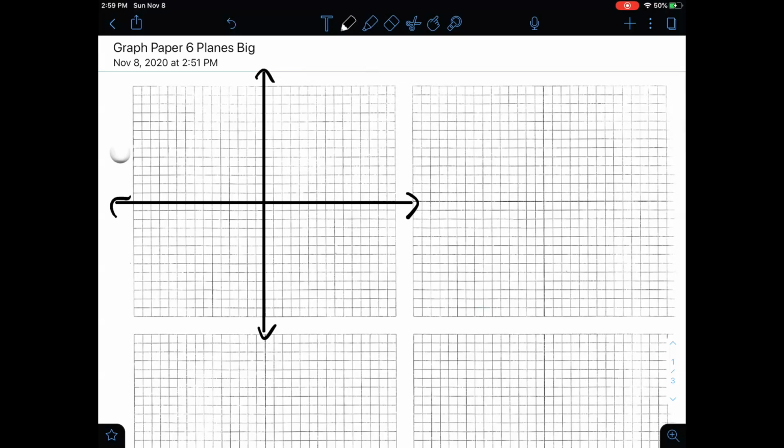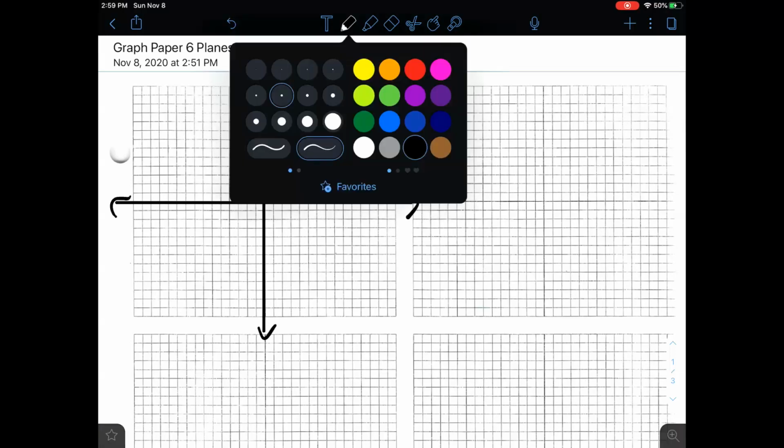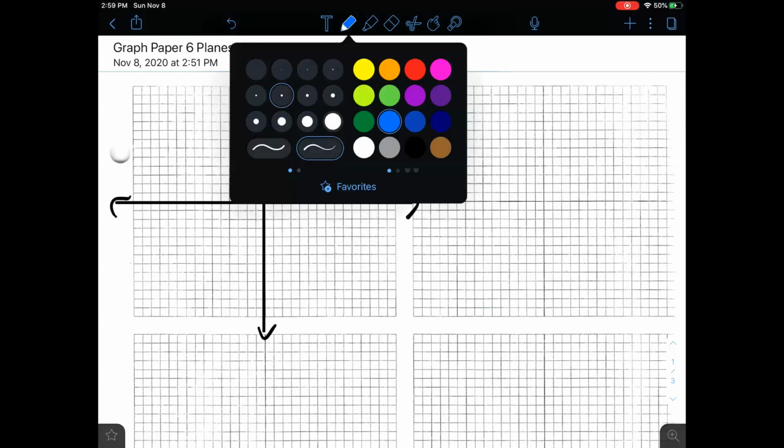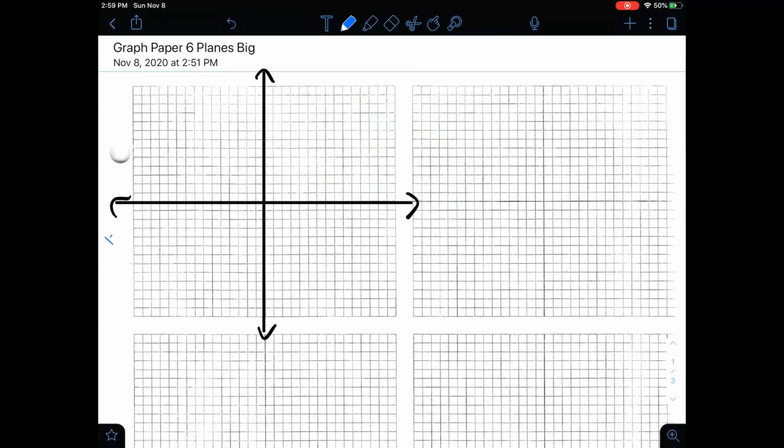Coordinate plane. Okay, so the first one we're graphing for 27 is x is less than 5. I'm going to use blue and green. So blue's the first one. Green's the second one. Let's write these somewhere. X is less than 5, and we also have x is greater than -4.